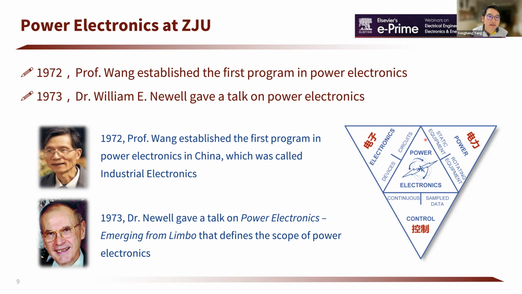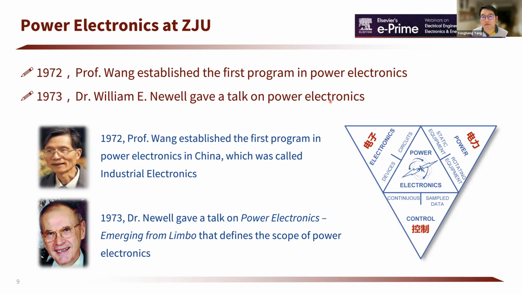And back to ZJU, Zhejiang University, power electronics has also developed fast in the past 50 years. Actually in 1972, Professor Wang, an academician of Chinese engineering, established the first programs in power electronics.